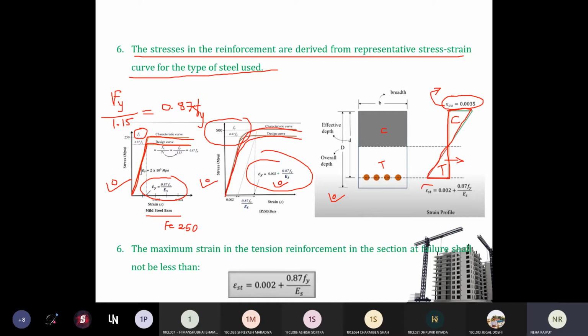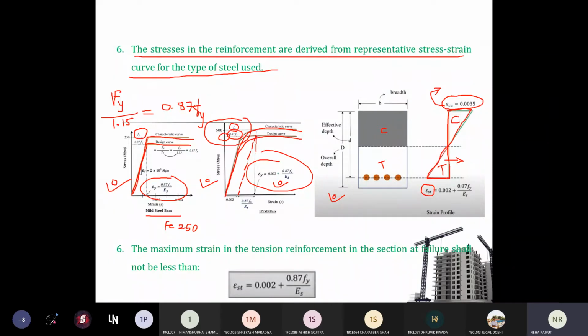Now to get this strain value, you need to take a parallel line to this, which will meet this design curve. From the design curve, take it to the left and you will get this value over here, right. If we consider Fy, we will get 0.87 Fy with respect to the Fy term only.